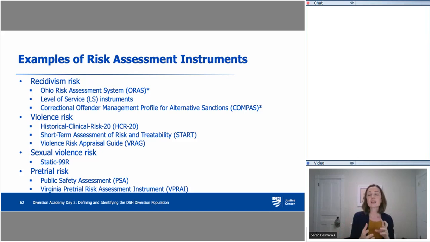It doesn't mean there isn't value in considering the outcomes of these tools, but I do want to clarify that they've got a slightly different focus. The VCRA, for example, doesn't have a separate scale specifically focused on new violent criminal activity. The Public Safety Assessment does, but again, it'll be focused more specifically on this traditional definition of pretrial risk.